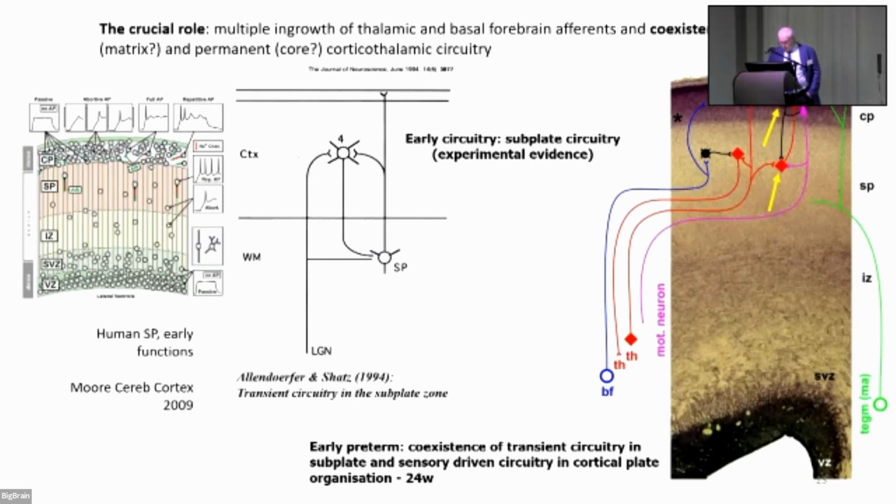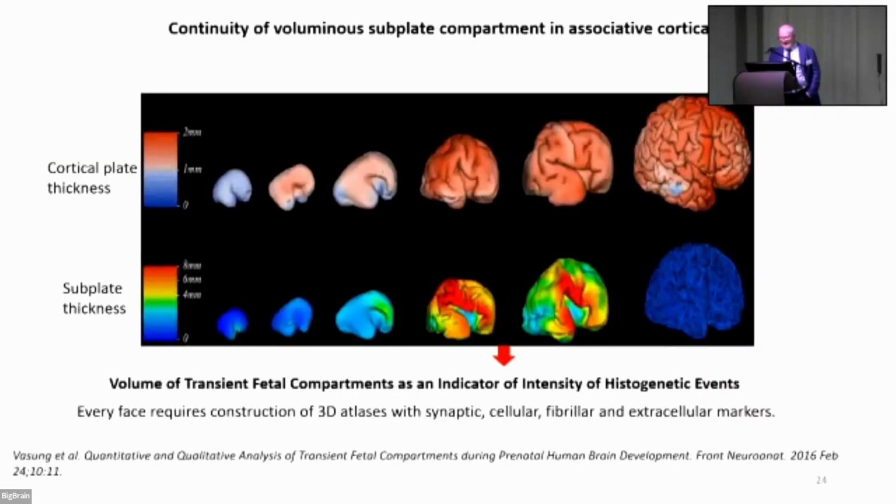Now, I forgot that I have arrows to these points. Now, this layer, you can reconstruct its volume, and this is from the joint paper with McGill. Lana Vasung did it for her doctoral thesis.